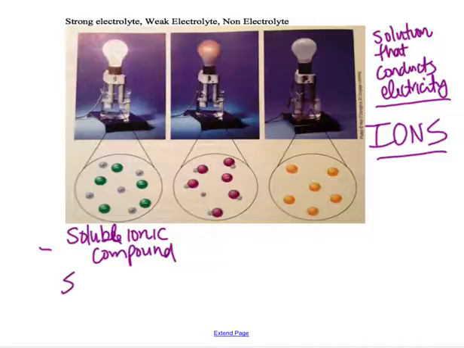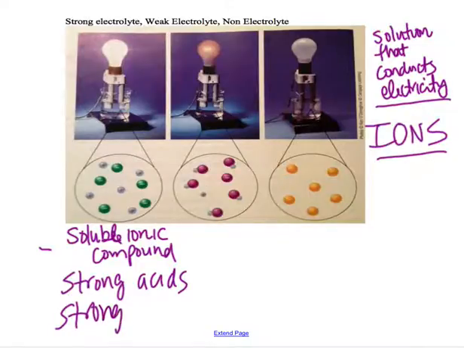Strong acids and strong bases, by definition, dissociate 100%. The acids dissociate into the H plus with whatever cation is attached. And then the strong bases give off that hydroxide along with its cation. So those things dissociate 100%, and those are examples of strong electrolytes.